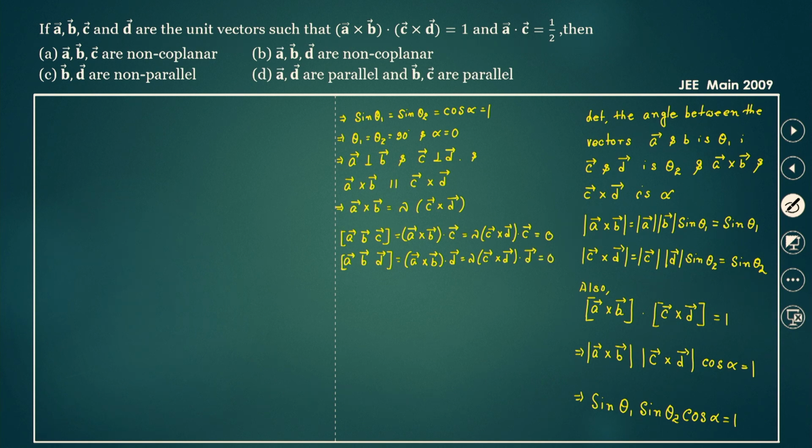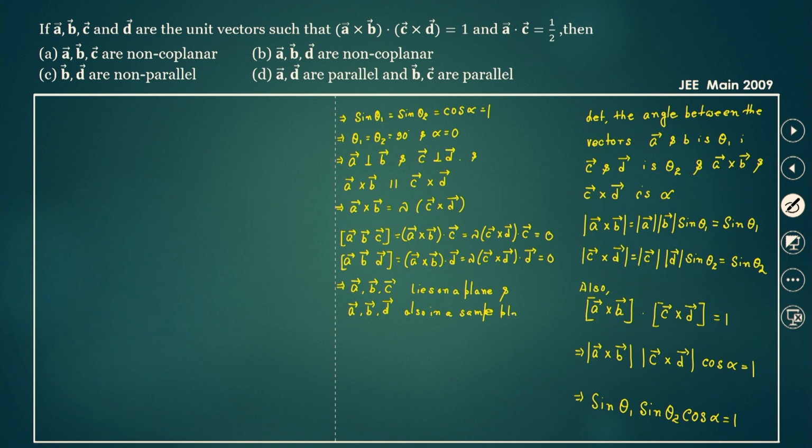So therefore it implies that the vectors A, B, C lie on a plane, and the vectors A, B, D are also in the same plane.